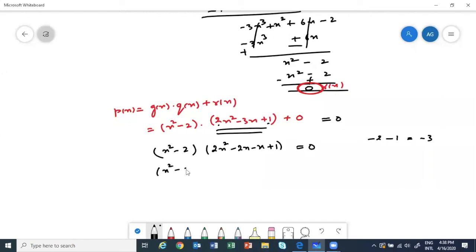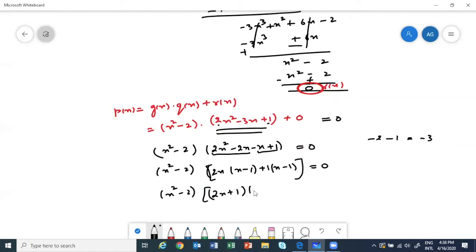So x square minus 2, and what will happen here? Combine, make pairs. So 2x is out, x minus 1 plus 1 is out, x minus 1. What happens? x square minus 2, then we have 2x plus 1 and x minus 1. So zeros are what?